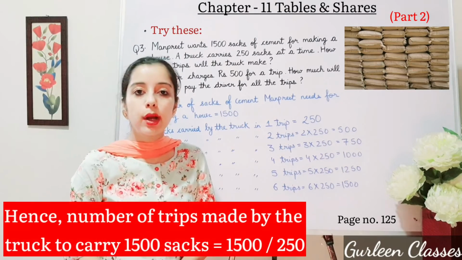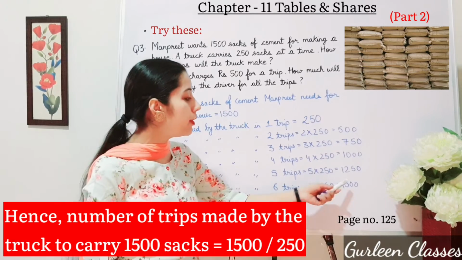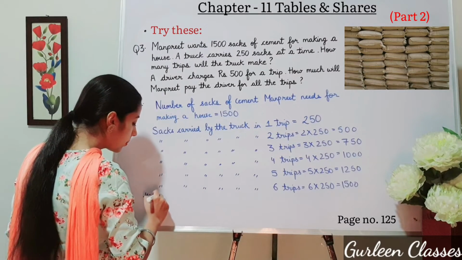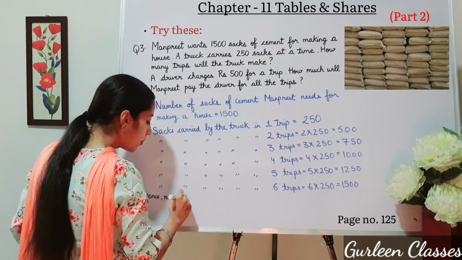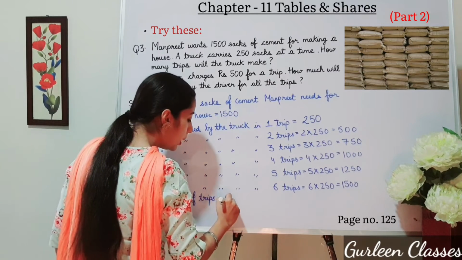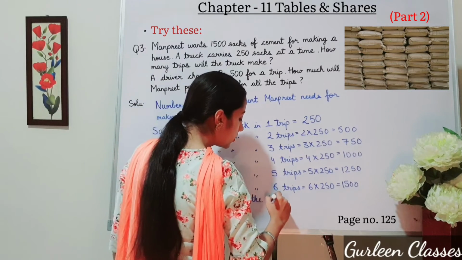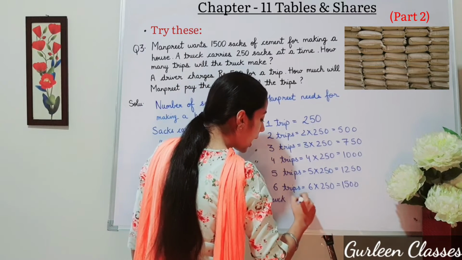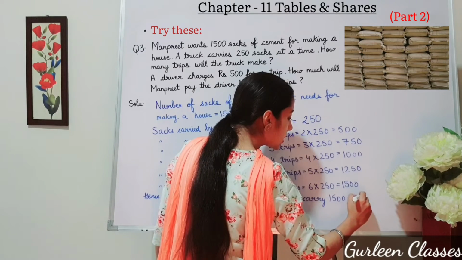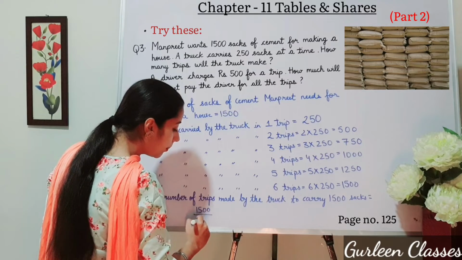So hence, number of trips made by the truck to carry 1500 sacks, we will divide 1500 by 250. So let us write here. Hence, number of trips made by the truck to carry 1500 sacks, that is equal to, we will divide 1500 by 250.